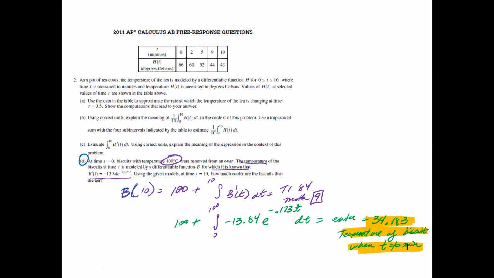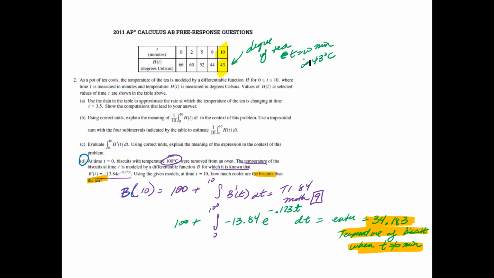Well, let's go ahead and compare that with your tea. So what is the temperature of your tea when t is 10 minutes? Well, the temperature of the tea at t equals 10 minutes is 43 degrees Celsius.